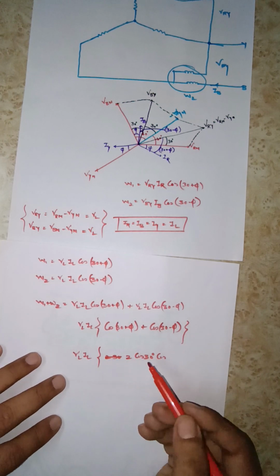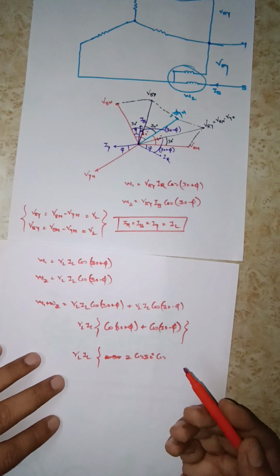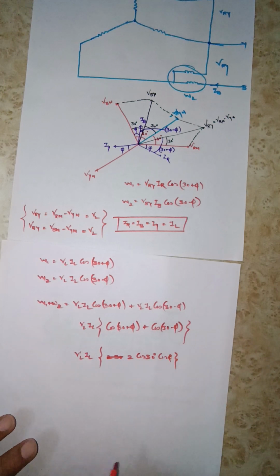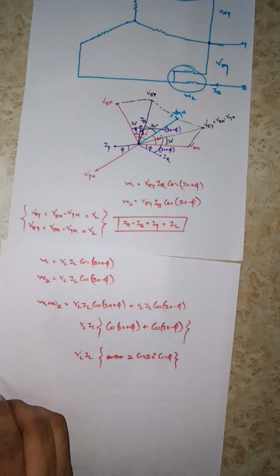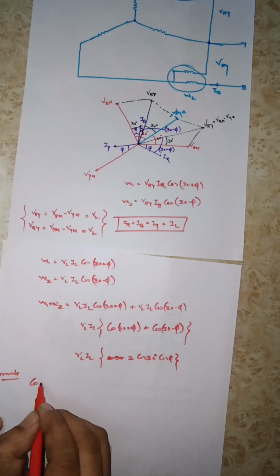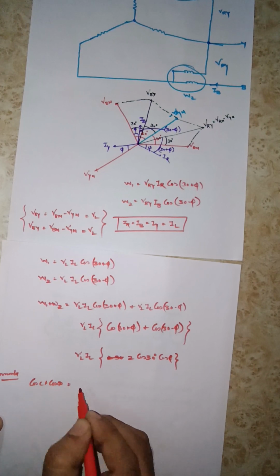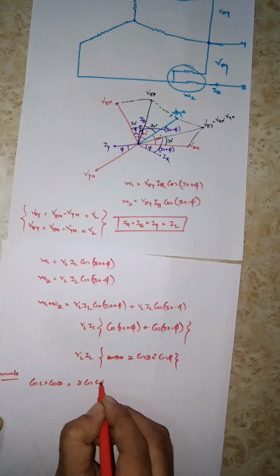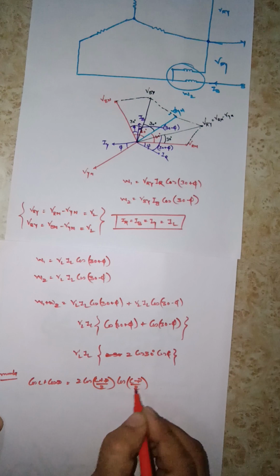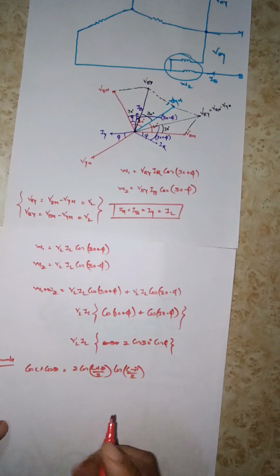Basically it will be what? The formula is cos C plus cos D, which will be equal to 2 cos (C plus D)/2 cos (C minus D)/2. Let me write the formula. Cos C plus cos D will be equal to 2 cos (C plus D)/2 cos (C minus D)/2.